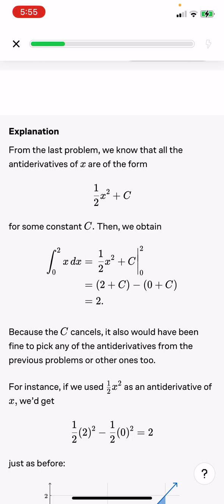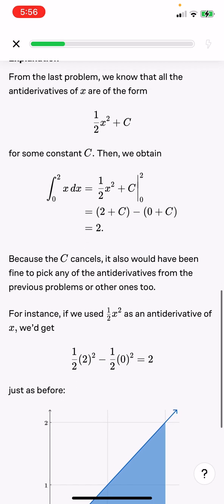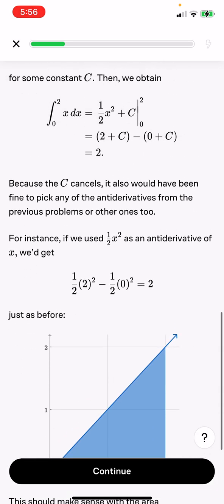For every constant c, we obtain the integral from 0 to 2 of x dx as 1 over 2 x squared plus c evaluated, which equals 2 plus c minus 0 plus c, which just equals 2, because the c cancels.